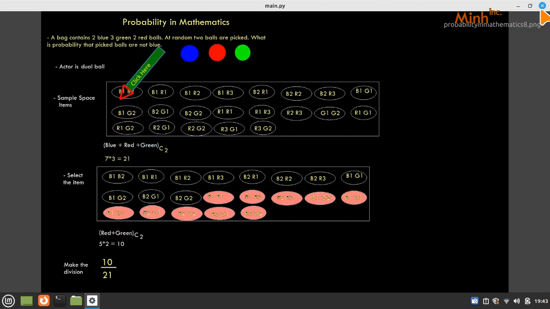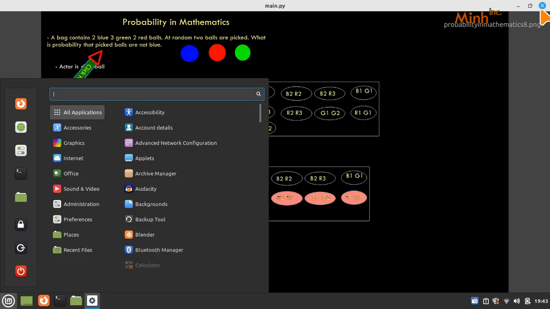Okay, now I have another question. A bag contains 2 blue balls, 3 green balls and 2 red balls. Okay, so the way it is drawn, I believe it is the opposite way, so I'll change it.